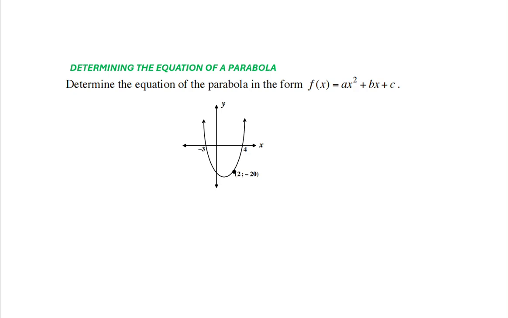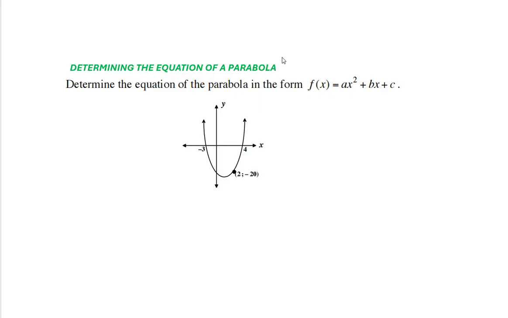Let's do defining the equation, or finding the equation of a parabola. We have about three equations for a parabola, and which one you use depends on the information you are given.